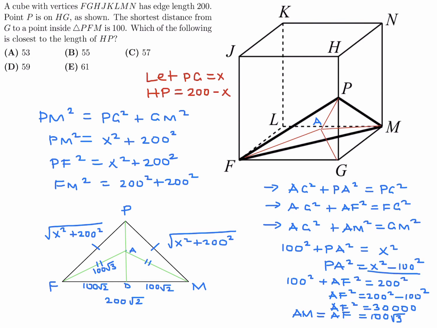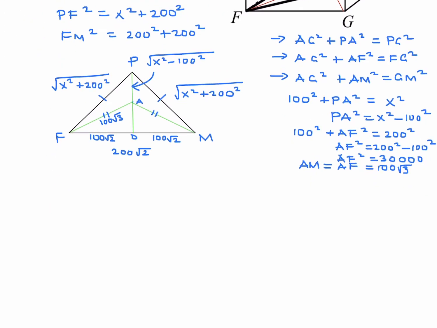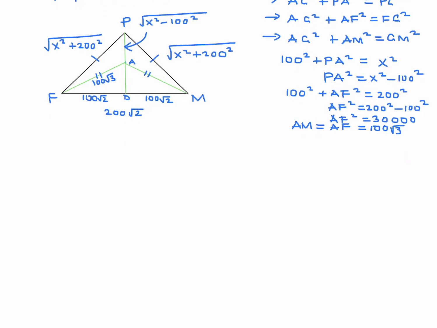And PA is the square root of x squared minus 100 squared. So this is PA, so I'll just draw a little line there. Now if I can figure this out, it will be very helpful, and I definitely can. I can just use Pythagoras to figure out AD. AD squared plus FD squared, which would be 100 root 2 squared, is equal to the hypotenuse, which is FA, which is 100 root 3 squared.